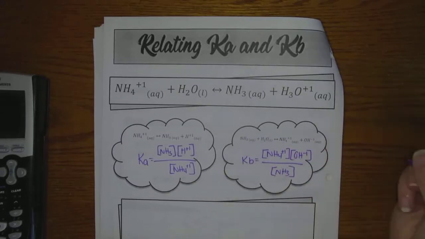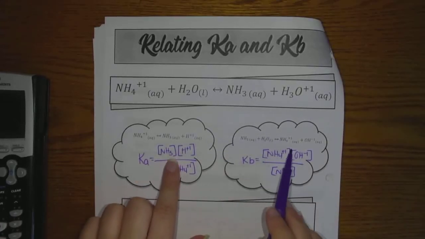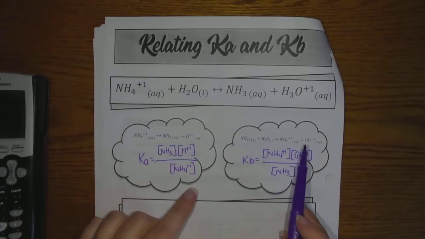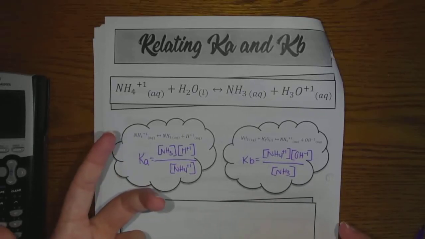Something similar to what we just saw in our last equation. Now, if this is the acid portion and this is the base portion of that equation, I can combine these equations to get to some neutral equation.